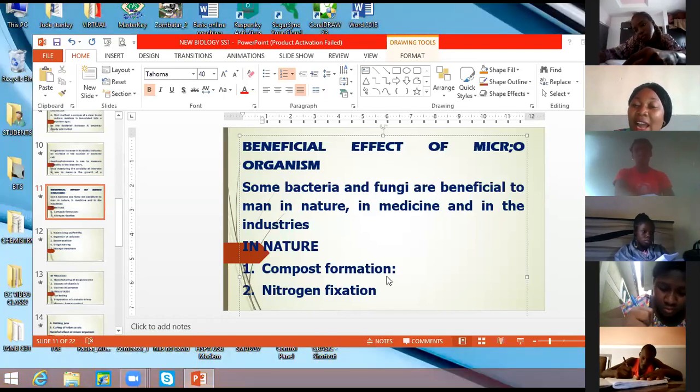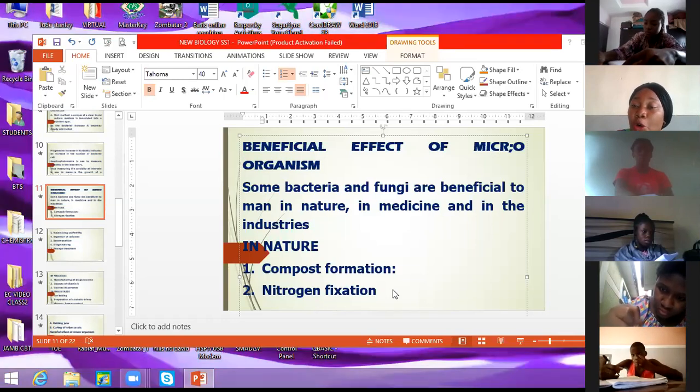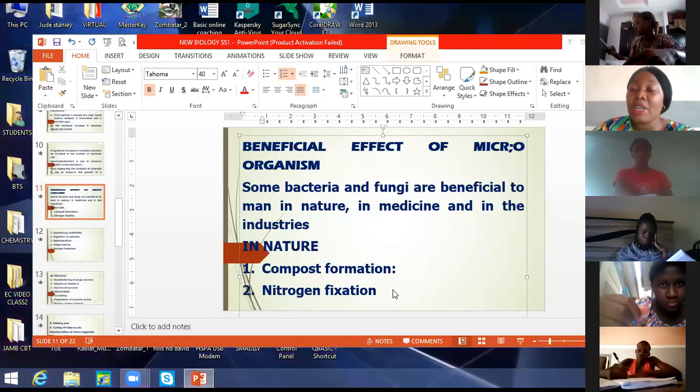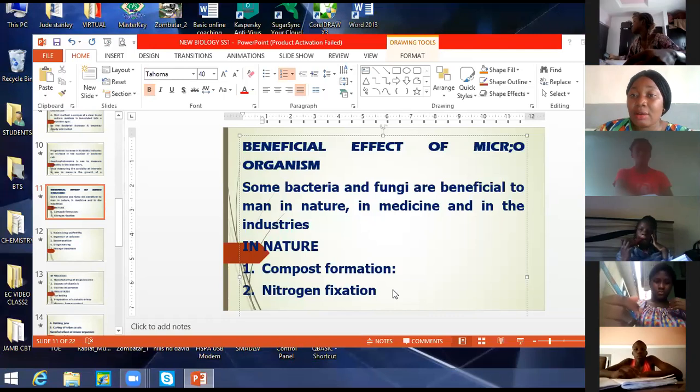Some bacteria, like if you remember, we've talked about nitrogen. When we talked about the nitrogen cycle, I said Rhizobium leguminosarum is a bacterium that fixes nitrogen in the root nodules of most leguminous plants, so that you can use it.